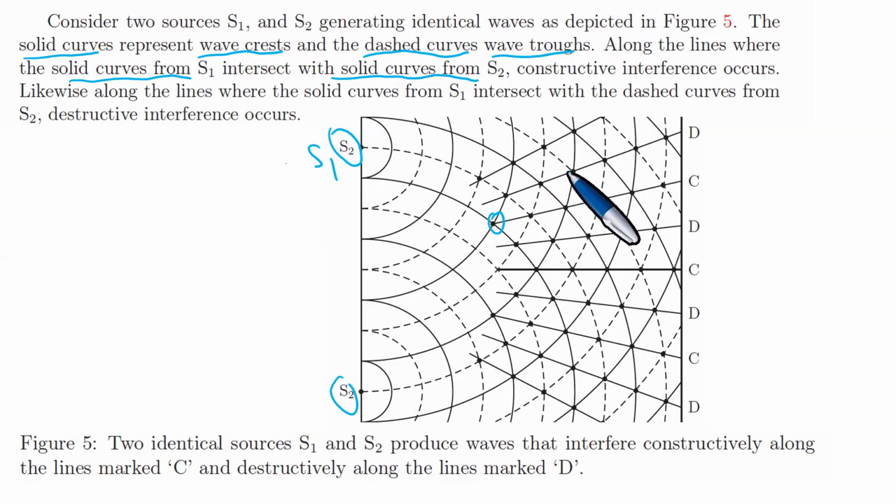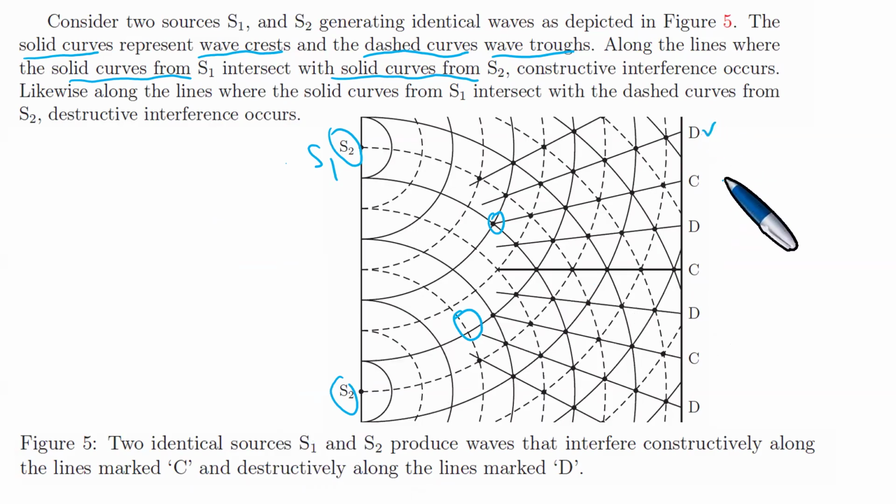And if this is the dashed one from S2, and it engages with a solid from S1, what we're able to see is surely destructive interference. So now destructive interference occurs, and we can study the patterns.